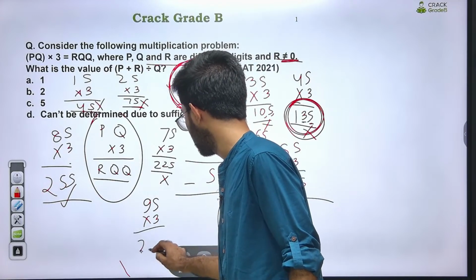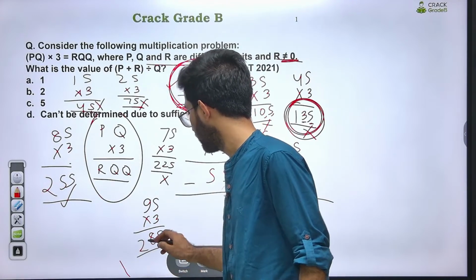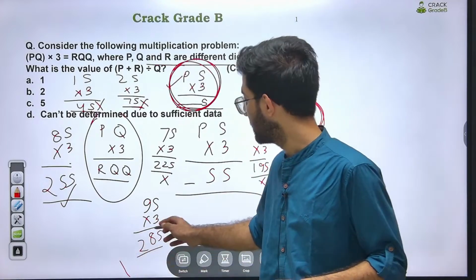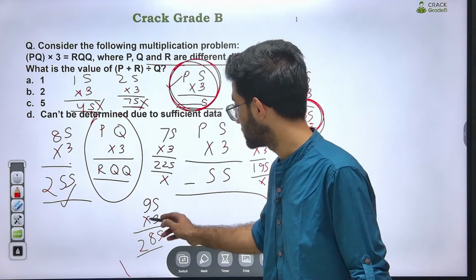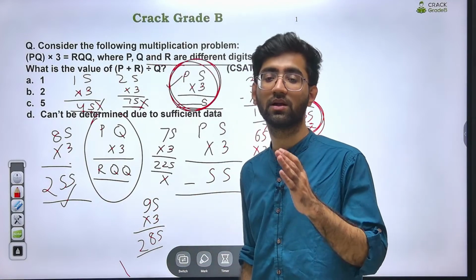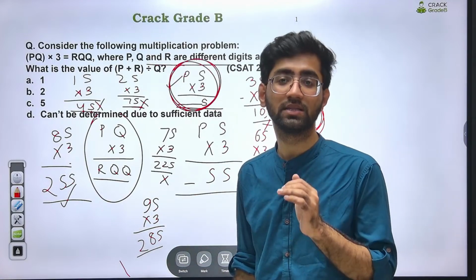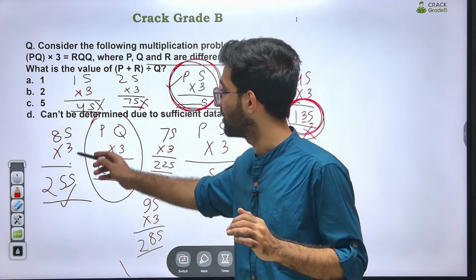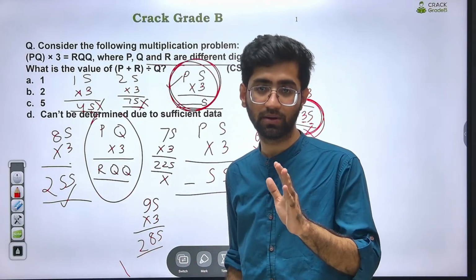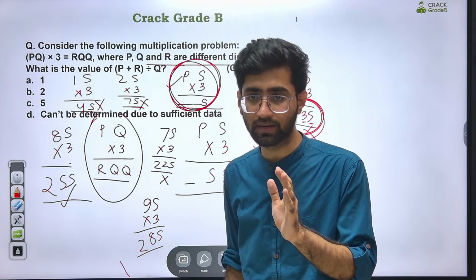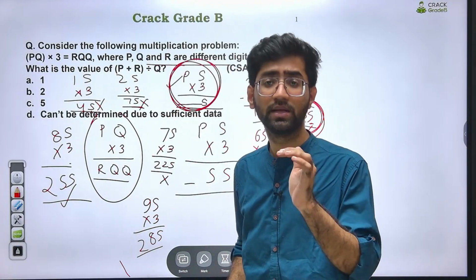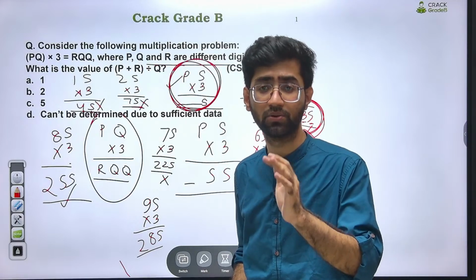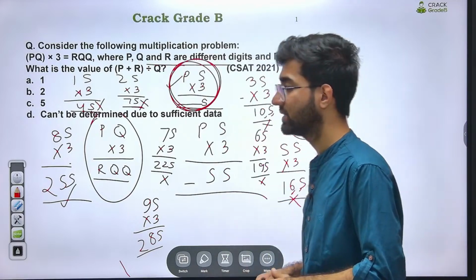If you multiply these numbers, you will get 285. So you are not getting 5 at units and tens place, right? What does it mean? It means that P can't be 9. So now we have found that P can be only 8, right? And earlier we have found that the value of Q can be only 5, right?